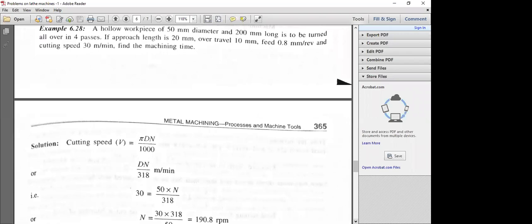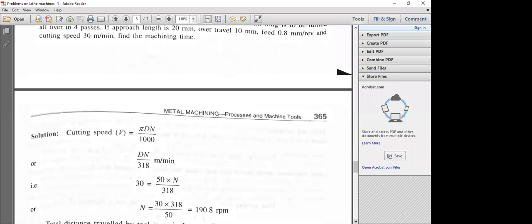Pi 3.14 or 22 by 7 into d, the workpiece diameter is 50, and N you have to calculate. So N value you will be getting in RPM, that is the spindle speed or the job speed revolving along with the spindle.